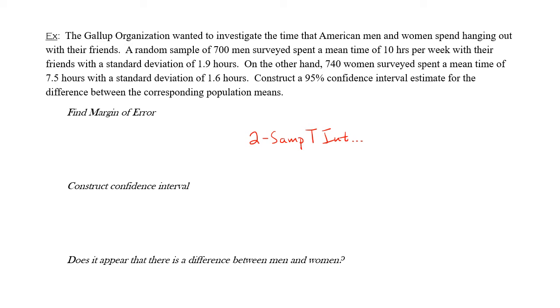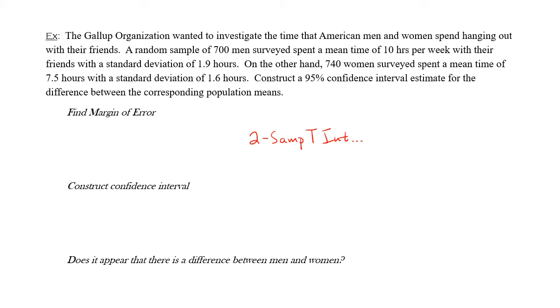So when we go to 2SAMP_TInt, make sure you're doing the interval, not the test, because we're constructing a confidence interval. We're going to enter the statistics here. Looking back at the previous slide, for x1, the mean of the first group was 10 hours for the group of men.